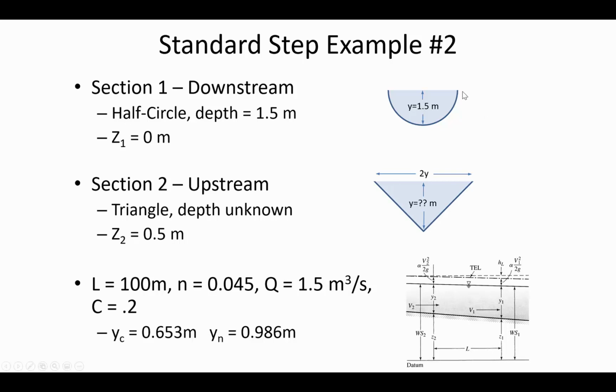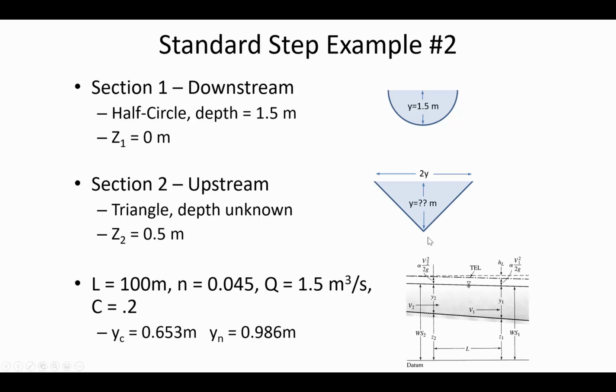It's a circular section, a half circle at section 1, and we're going to say that the elevation datum is 0. That just means that the channel bottom is touching the datum at location 1.